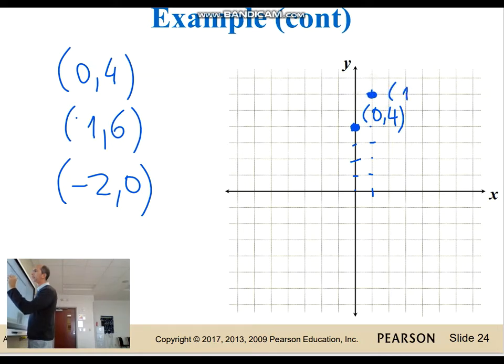This is 1 and 6, right? And x equals negative 2, y equals 0. The point is right here, negative 2 and 0.